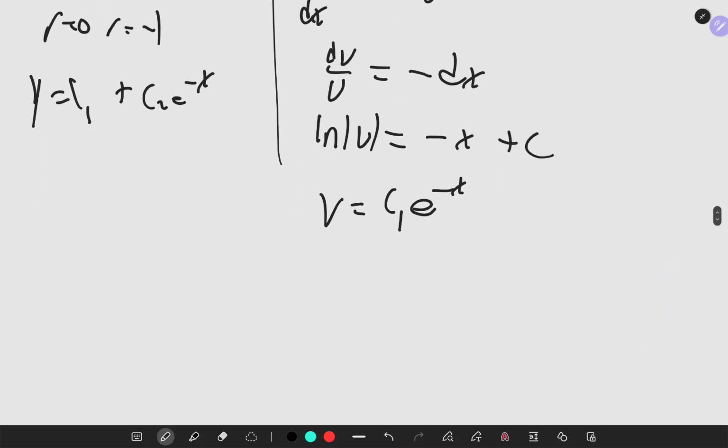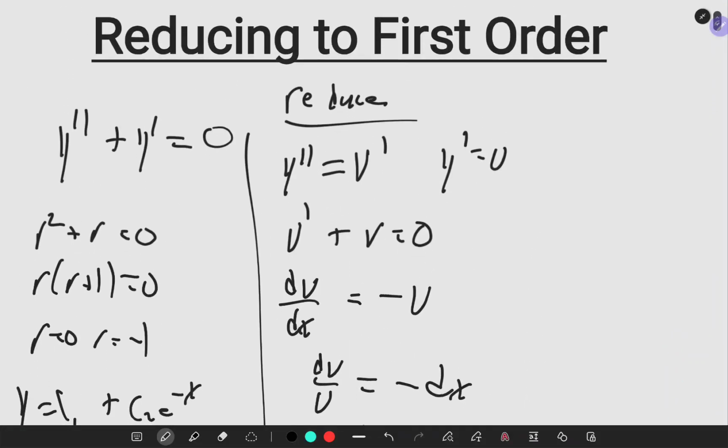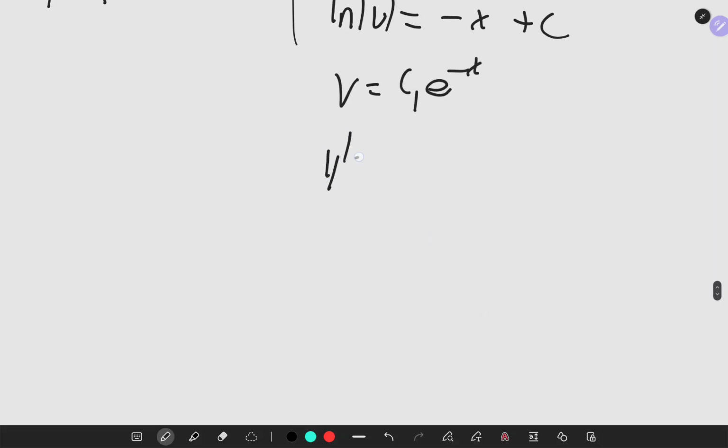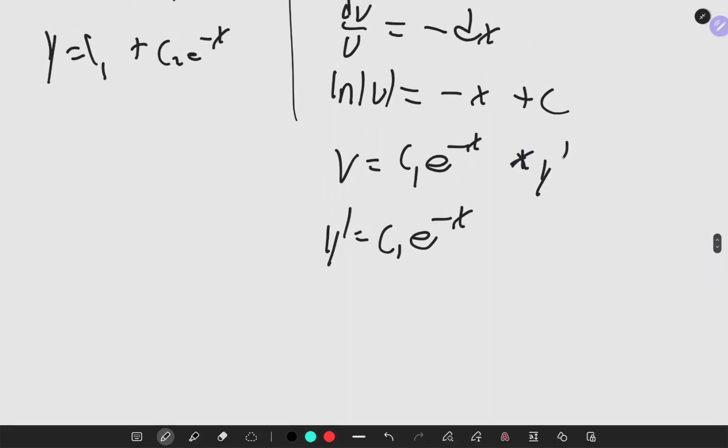Then we have v. Now we can plug back in for v. We know y prime is equal to v, so y prime is equal to c1 e to the -x, right?